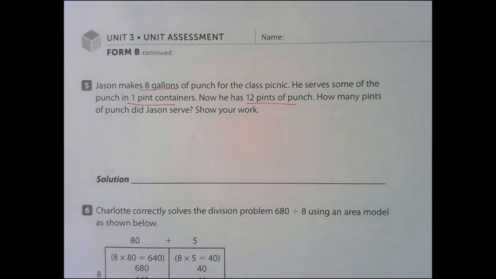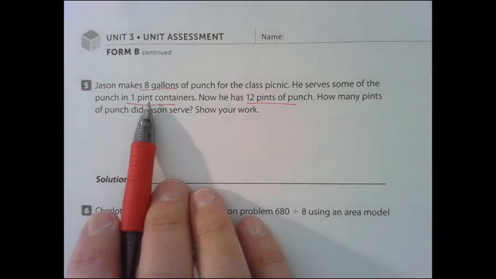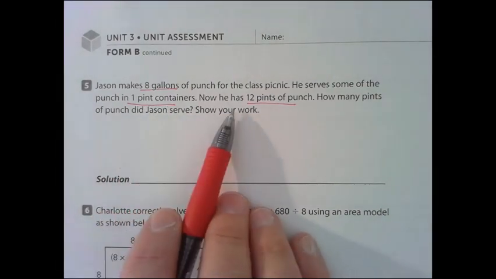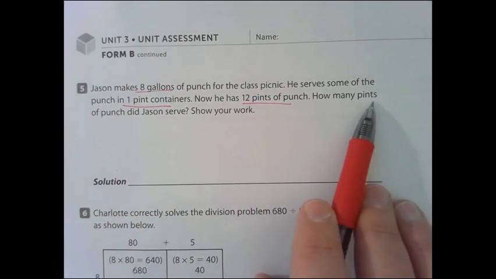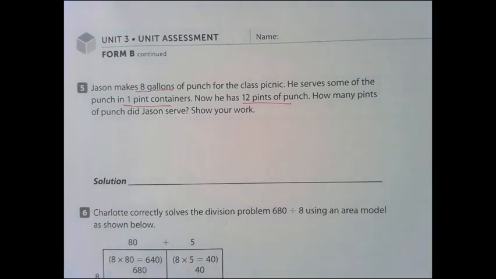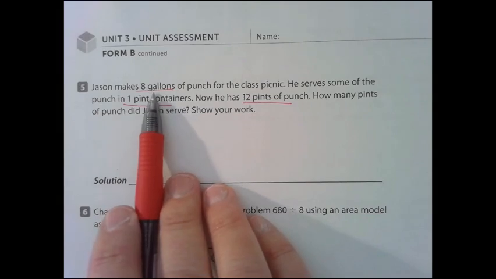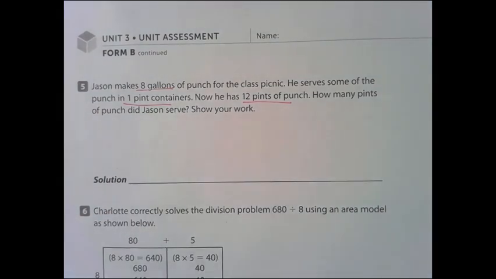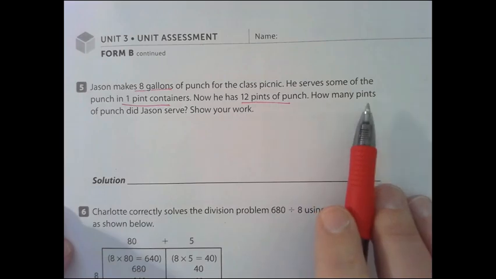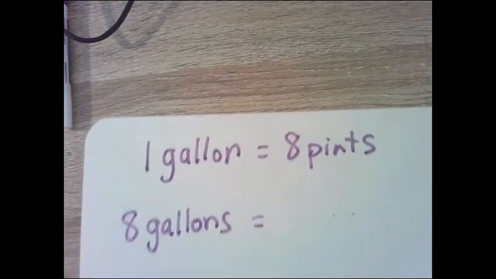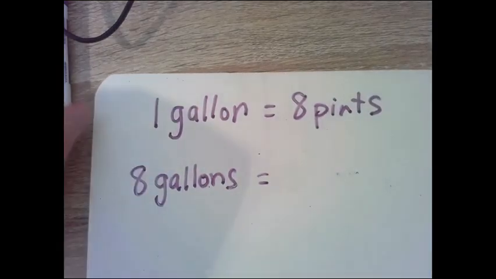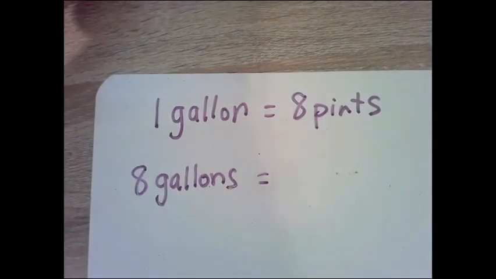Okay, so let's break this problem down. Since they want to know how many pints of punch Jason served, we've got to change everything to pints. So first of all, we've got to change this 8 gallons into pints. I have something here on my whiteboard, the formula, in case you forgot, good old GallonBot.